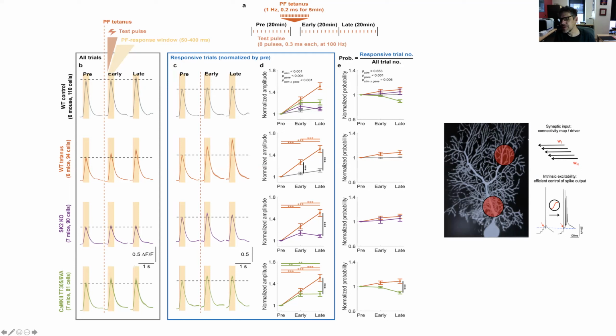Because if you don't have it anywhere here where the EPSP would propagate towards the soma, regardless of the strength of the synapse, your LTP can be as strong as it wants to be. If you don't have the intrinsic amplification here, there's no strengthening of this somatic output and spike output.